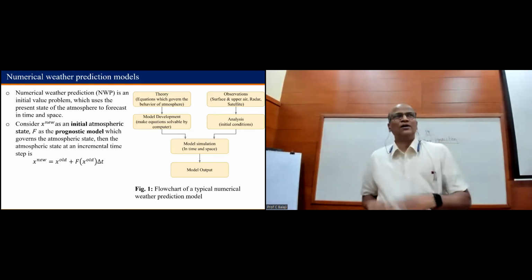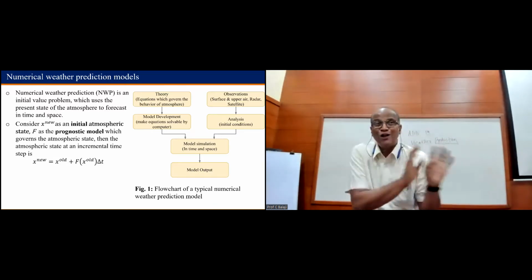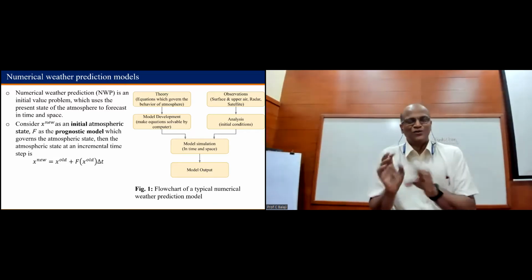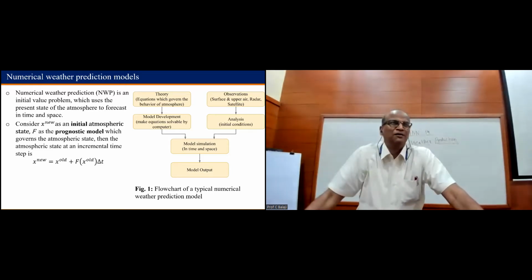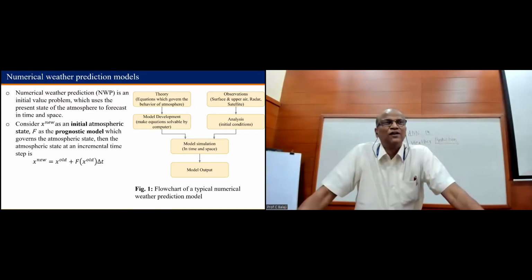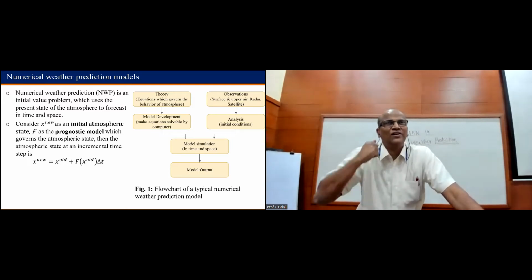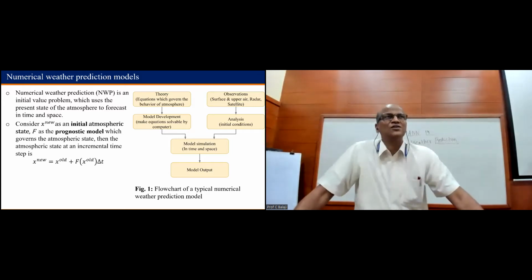Largely because there's something called parameterization in the model, which is akin to the concept of a black box in neural networks. Because we are not able to resolve the fine scales, we just call it a parameter and proceed. For example, in heat transfer, whatever we don't know, we say the heat flux is directly proportional to temperature difference, directly proportional to area, and the proportionality is replaced by equality.